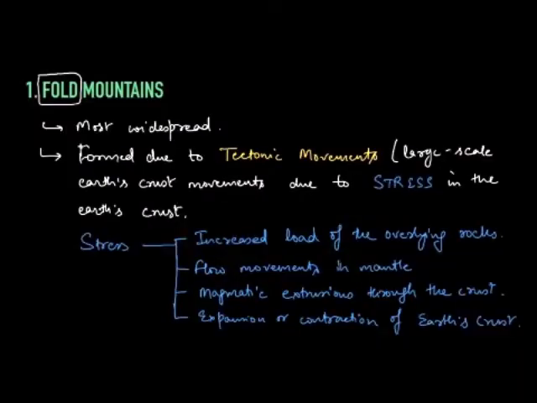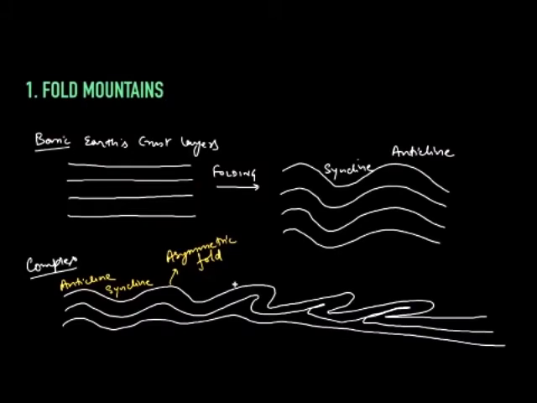First, in our previous class, we discussed folding and faulting. We said folding is when stresses are initiated on the crust that make the crust or the topography be folded in different layers of extension like nappe, thrust fold, overfold, or anticline. A fold mountain is a mountain that is elevated above sea level to a considerable height.